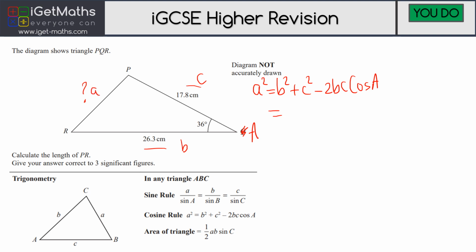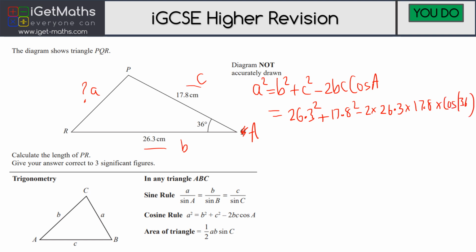So we've got 26.3 squared plus c squared, which is 17.8 squared, minus 2 times 26.3 times 17.8 times cosine of 36.